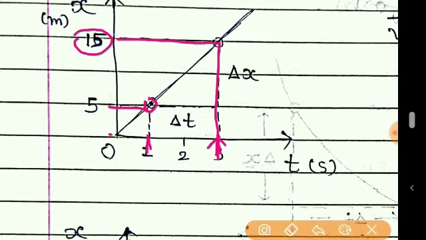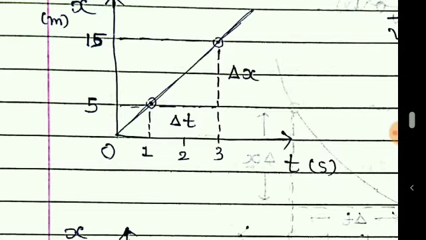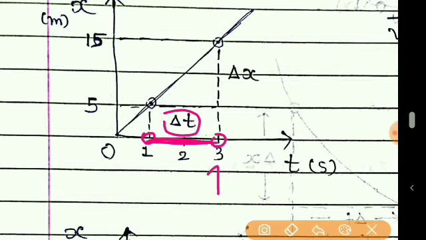So if we want to find what is the velocity or the average velocity in this case, we have to consider two different time intervals. So here the first time if we consider 1 second, and the other time if we consider 3rd second, then what is the difference in the time? So difference in the time is delta t, that is final time minus initial. So 3 minus 1 will give you 2 second.